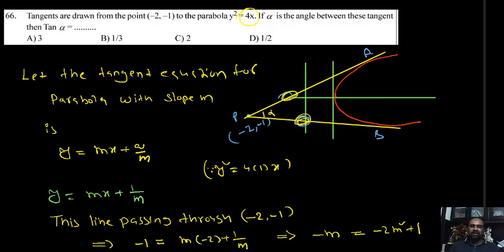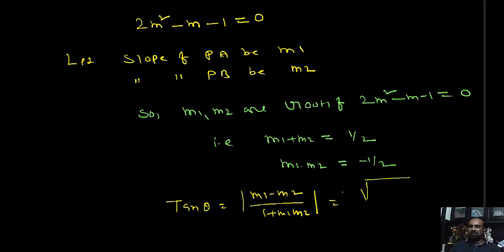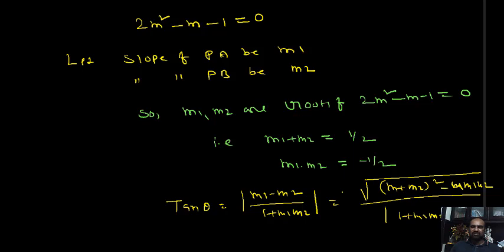Now what you want is the angle between these two tangents. I can use the tan theta formula. You already know that tan theta is equal to the modulus of m1 minus m2 by 1 plus m1 m2. In other words, this is the same as root over (m1 plus m2) whole square minus 4 m1 m2, by mod of 1 plus m1 m2.